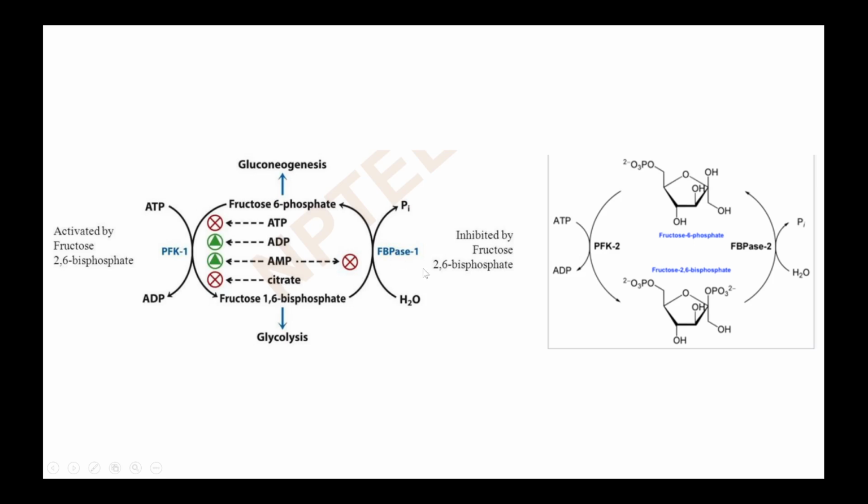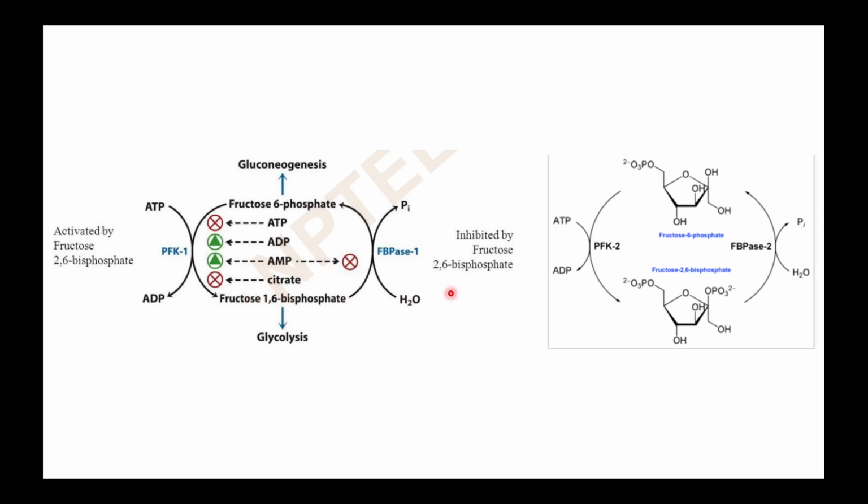So here we had FBPase1 that was converting fructose 1,6 bisphosphate into fructose 6 phosphate, dephosphorylation of fructose 1,6 bisphosphate into fructose 6 phosphate. The isozyme of this enzyme, that is FBPase2, does the dephosphorylation of fructose 2,6 bisphosphate into fructose 6 phosphate. Okay, so both of them again are doing the same reaction, but at a different position.